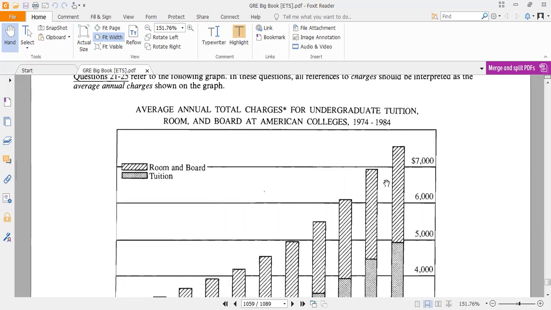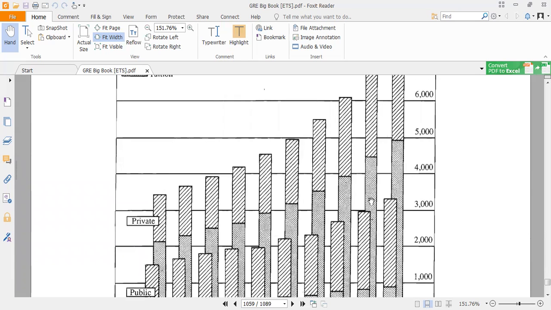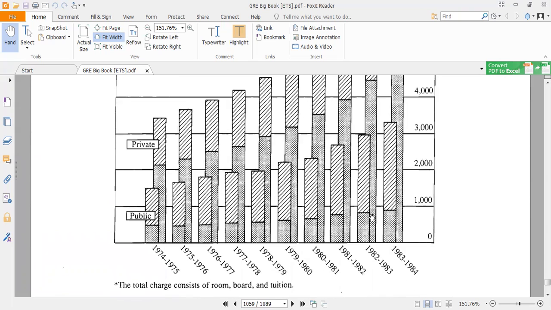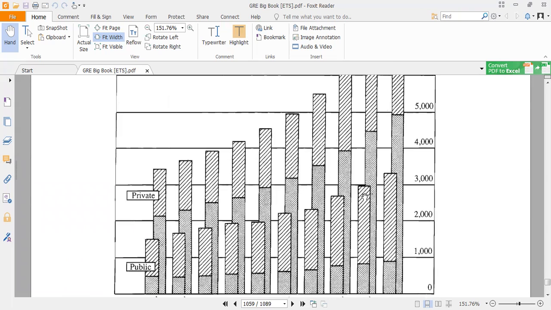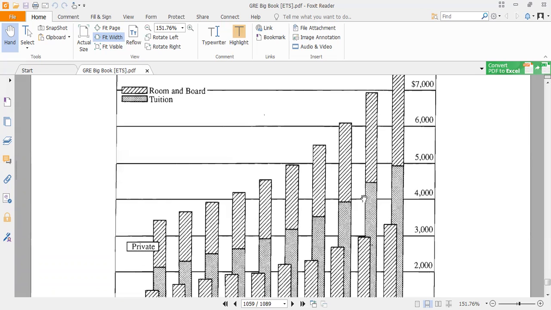So it is more than 4000. It can be one option. In 1982, public charge is 3000 and private charge is around 7000. So it is also close to 4000. It will also be an answer.